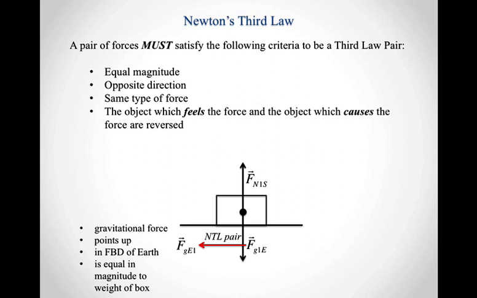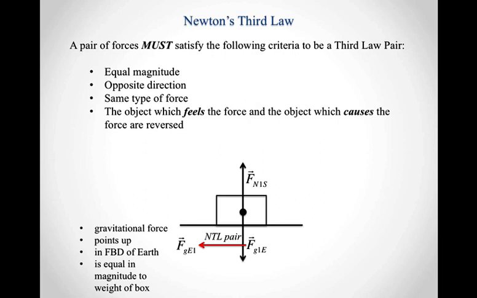So the gravitational force that box 1 exerts on the Earth points up, so it's located in the free body diagram of the Earth. It's equal in magnitude to the weight of the box, and that's the Newton's third law pair for the gravitational force exerted on the box by the Earth.